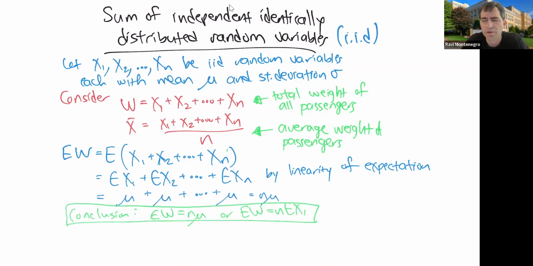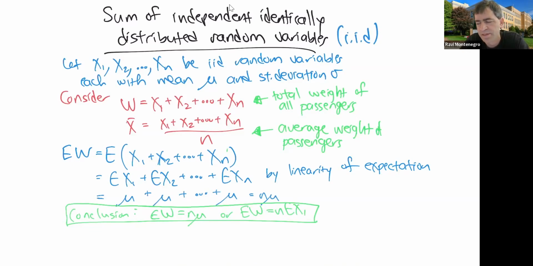This formula is only true if all of them follow the same distribution. So if I were to look at passenger weights and consider men and women separately, they probably have different distributions. If passenger 1 was male, it wouldn't be reasonable to say that I take the average weight of a man and multiply it by n.